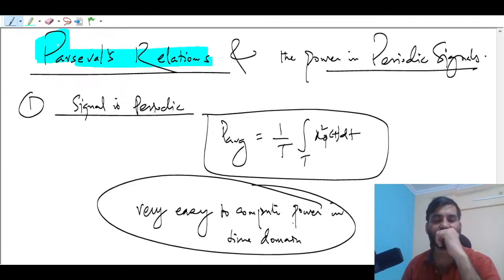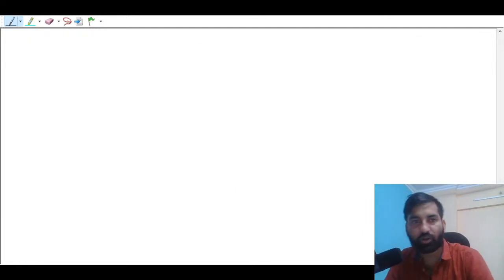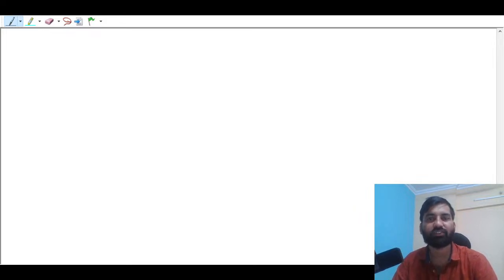Then why this Parseval's relation? Since the Fourier series describes the periodic signal as a sum of sinusoids at different frequencies, the signal power also equals the sum of the power in each sinusoid.